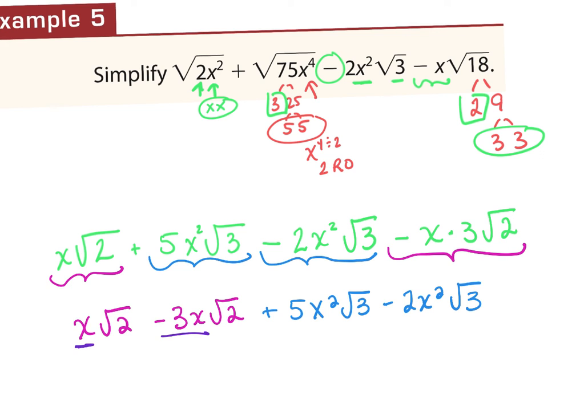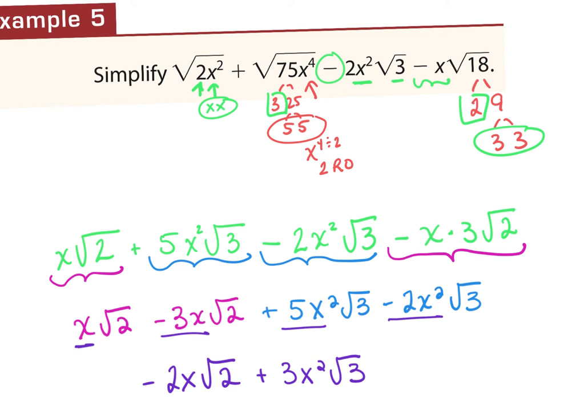X minus 3x is what? What's x minus 3x? 1x minus 3x is negative 2x, and my radical does not change, right? I have 5x squared minus 2x squared. What's 5x squared minus 2x squared? A positive 3x squared, and my radical does not change.